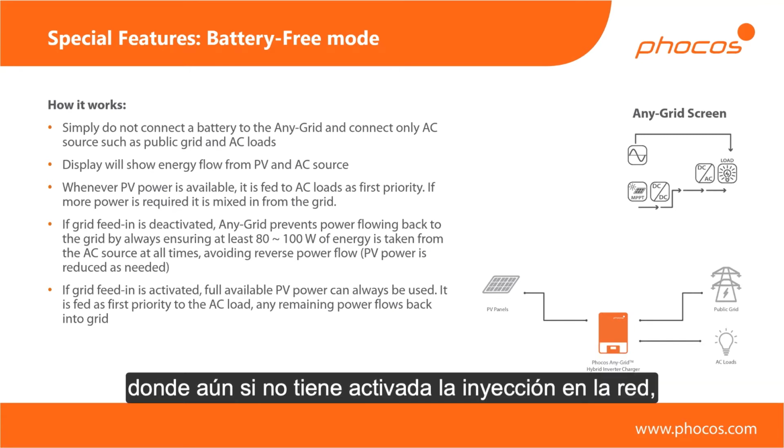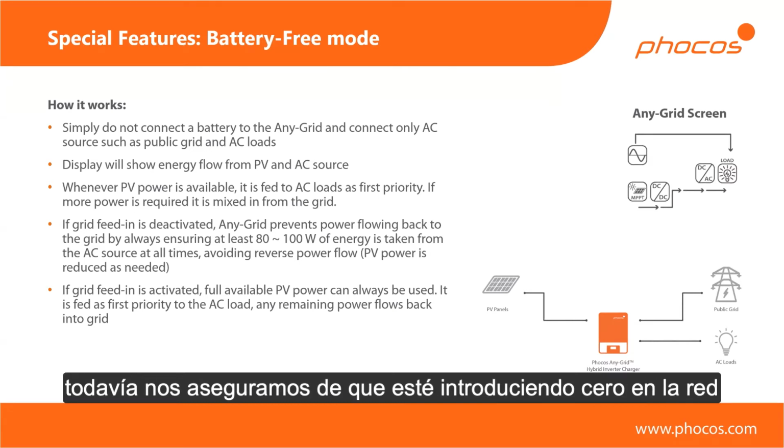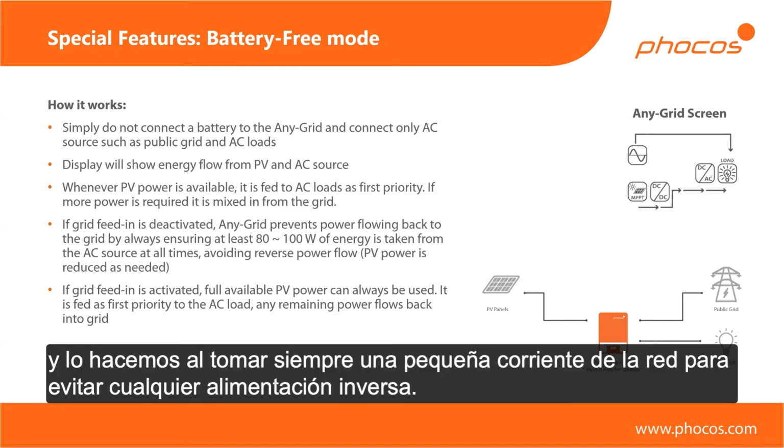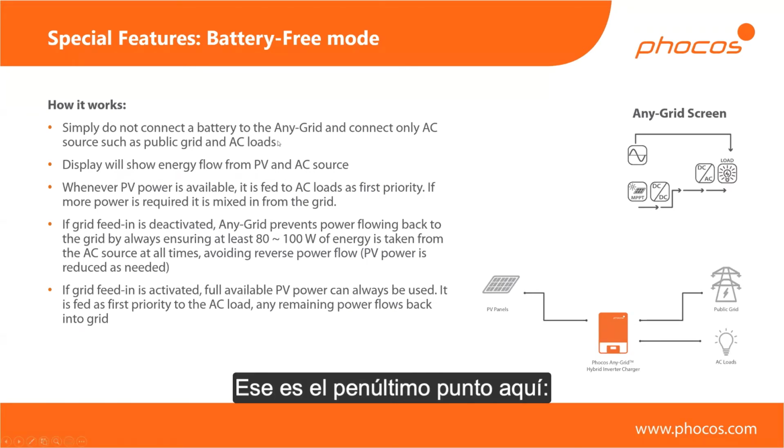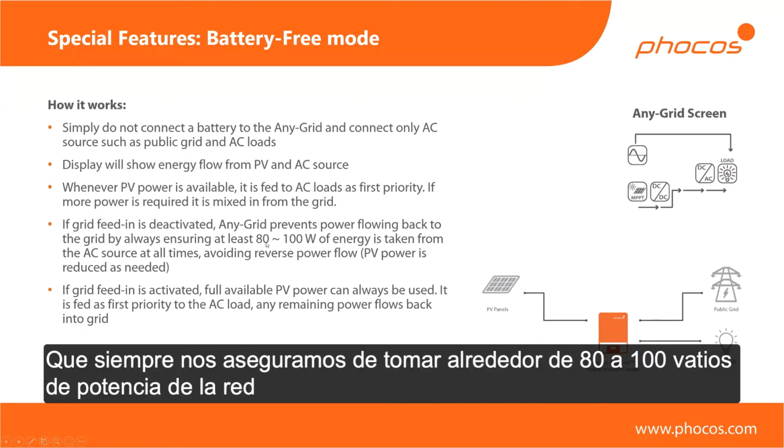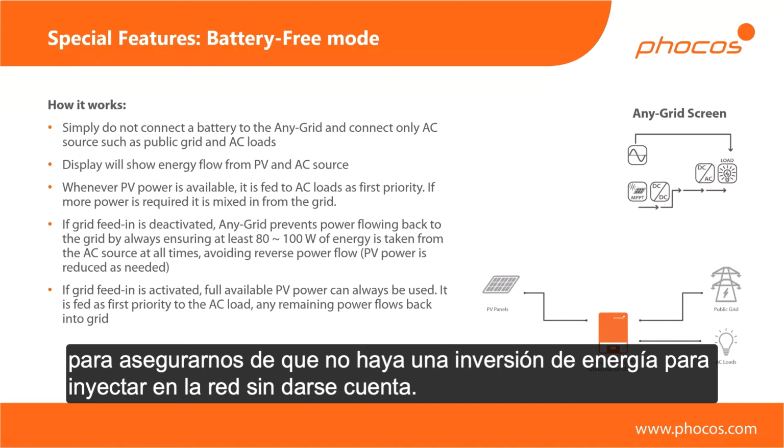If you don't have grid injection activated, we are still ensuring that you're feeding in zero into the grid. And we're doing that by always taking a small current from the grid to avoid any reverse feed-in. So that's the second last point here, that we're always ensuring that we take about 80 to 100 watts of power from the grid to make sure that there's no reversal of power to inject into the grid inadvertently.